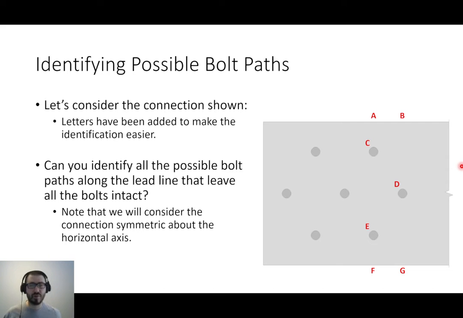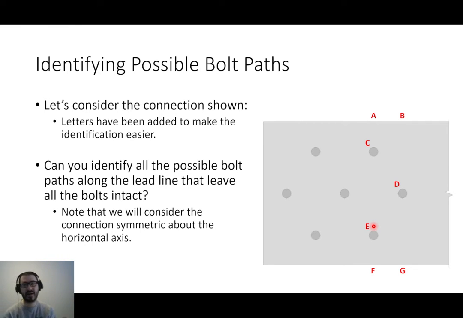So if you were trying to identify the lead line, imagine standing all the way over here, way off onto the side, and then shining a flashlight towards the connection. The flashlight's going to hit bolts C, D, and E. So those are the ones that are along the lead line.